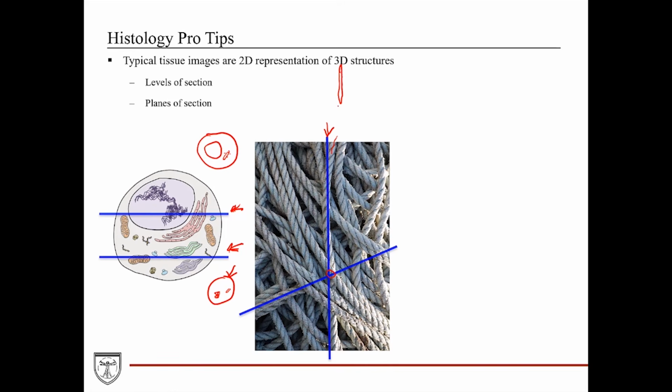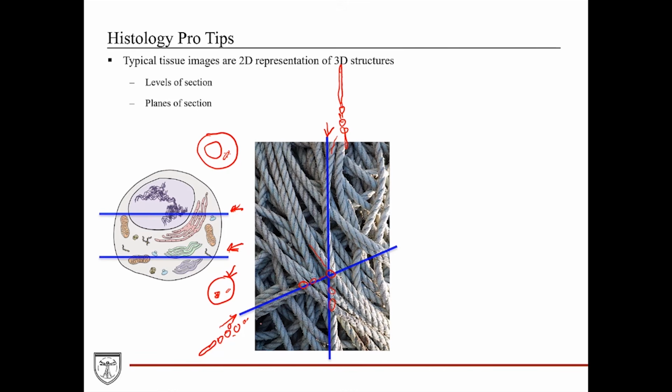We might see a cross-section through this rope, and then maybe the longitudinal section of the rope that continues down, and then maybe 2 more here of cross section, and then more longitudinal section like that. However, with this plane of section, we might be seeing some oblique section, and then 2 circles, maybe a circle in the back somewhere, upper circle, more circles. I hope you're getting the picture.